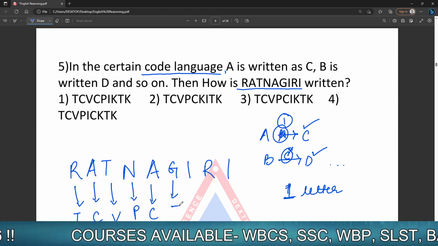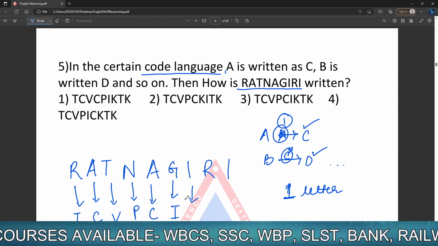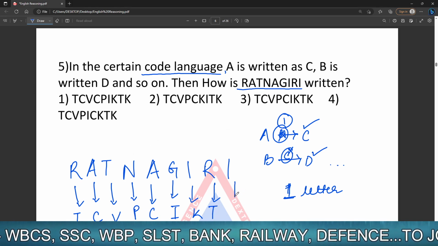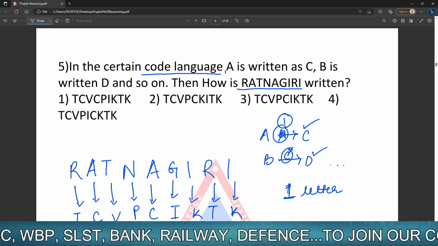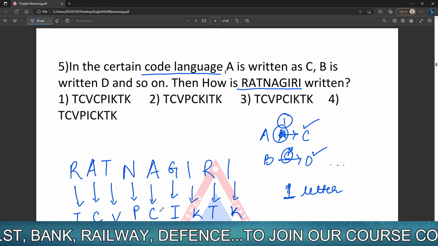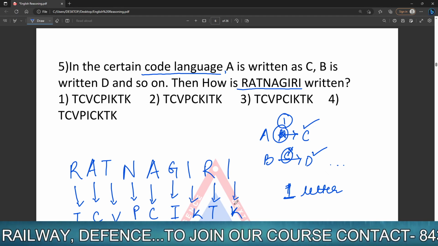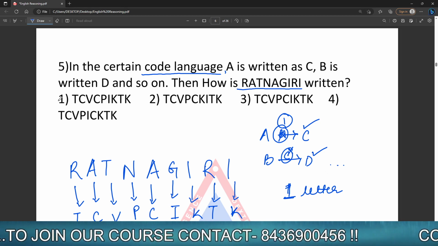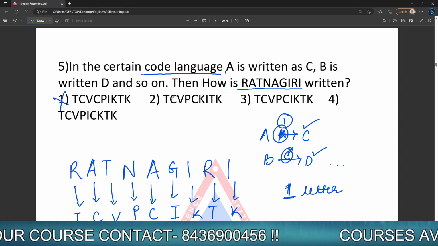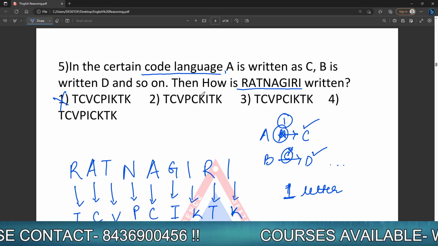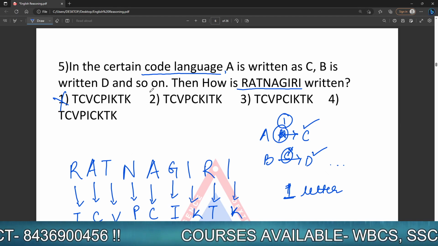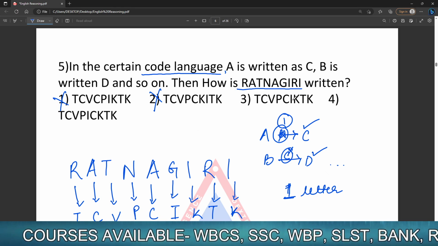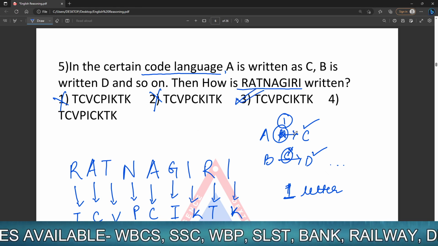G is written as I, and then K for I, R is again T, and I is again K. So the answer is T C V P C I K T K. T C V P, option 1 is eliminated. T C V P C I, we require I but it is K, so the second option is also eliminated. T C V P C I K T K, see, it matches.